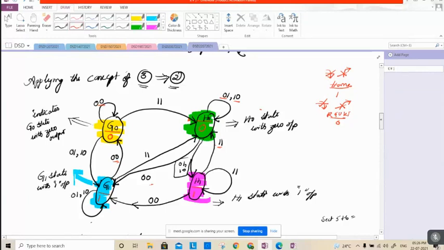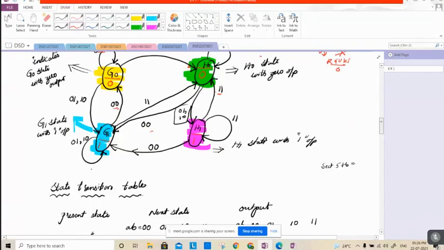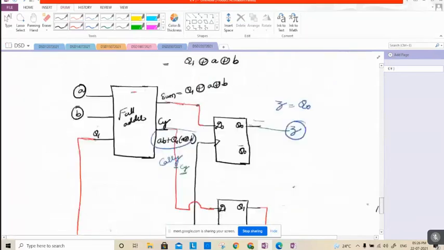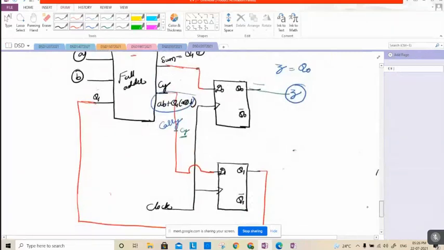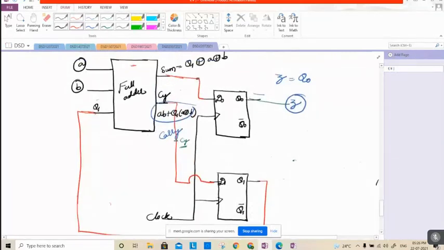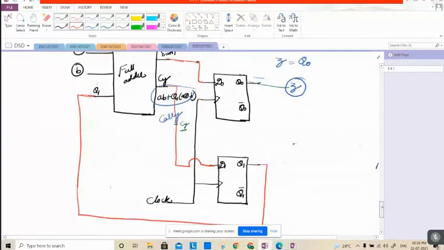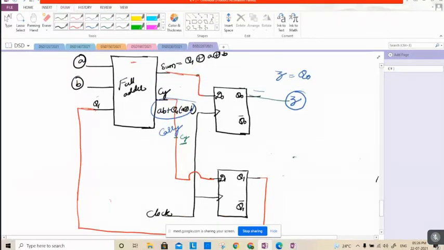Outputs have to be fixed, so that we have defined here, and the same is projected here also. Now here, you cannot find any redundant state. Yesterday we observed redundant states, but today, can you find any redundant state? If you remove Q1, what will happen?